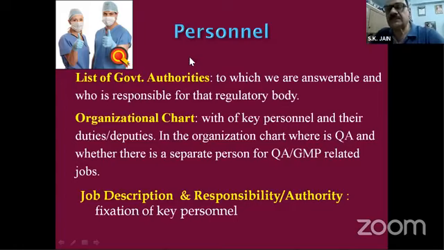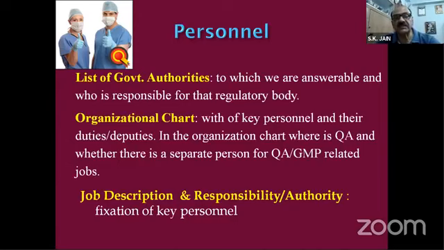First is personnel, meaning the workers and authorities who are working in the pharma industry. The pharma industry should have a list of the government authorities to which we are answerable, and who is responsible for that regulatory body. We should be aware of those authorities.